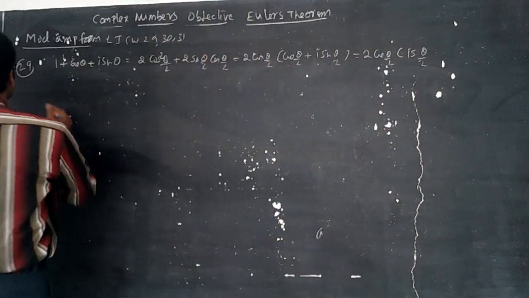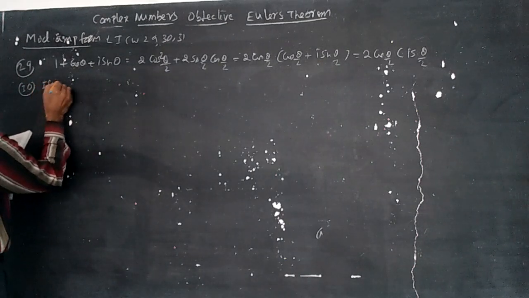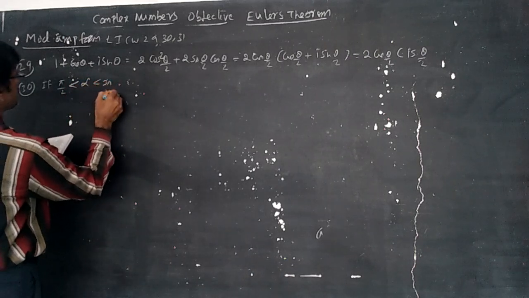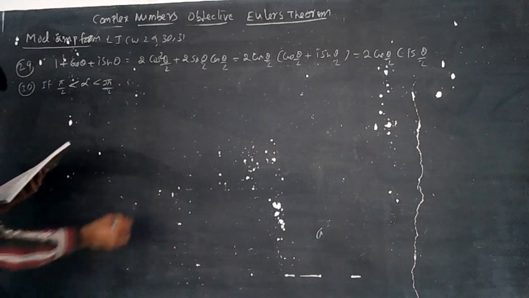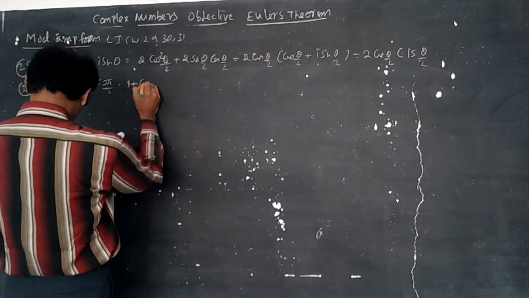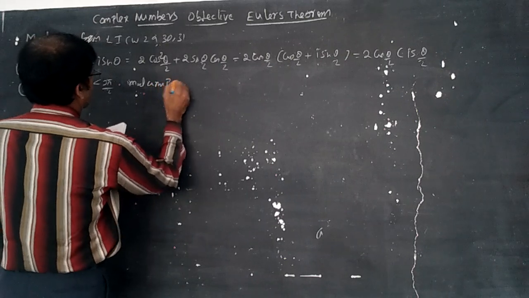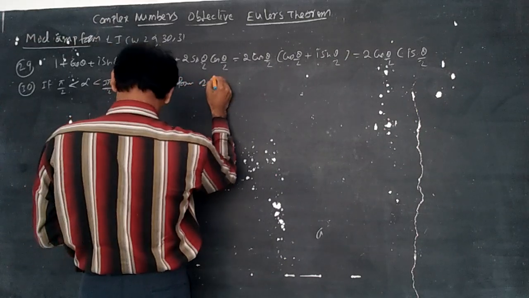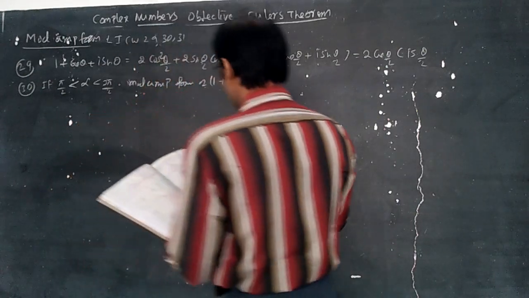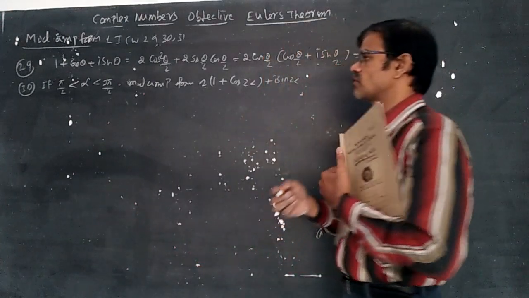Now 30th question. If pi by 2 is less than alpha less than 3 pi by 2, then find the modulus amplitude form of 1 plus cos 2 alpha plus i sin 2 alpha.